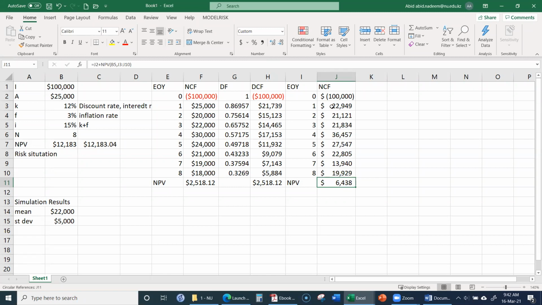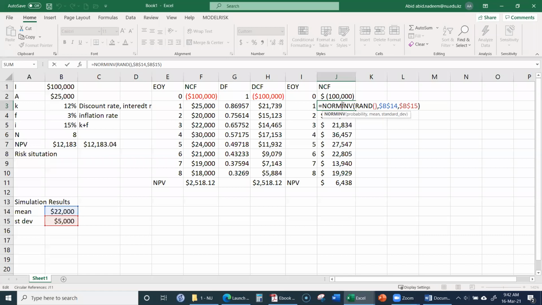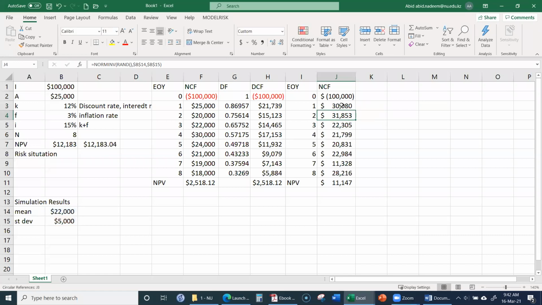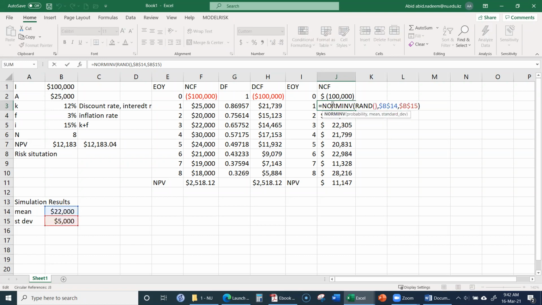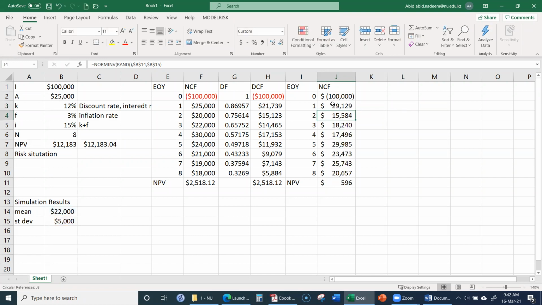But remember that, as you can see, each time I evaluate this, it is changing. It is $6,438 over here. Next time I evaluate it, new random values are generated, and the net present value also changes. For example, now I am getting $596. Again, next time I'm getting minus $17,191.